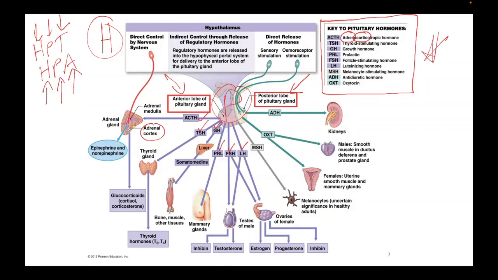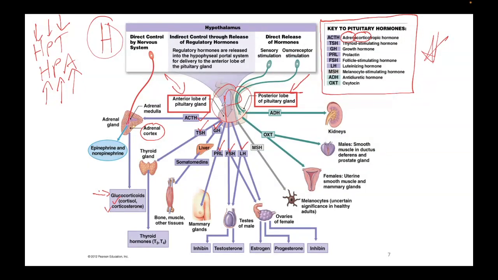We see the adrenal cortex is this outer part, the bark, if you would, of the adrenal gland, whereas the inner part is called the adrenal medulla. So the adrenocorticotropic hormone goes to the outer part, and the outer part is going to make what we call glucocorticoids. Gluco from glucose, corticoids like cortisol, cortisone, corticosterone.